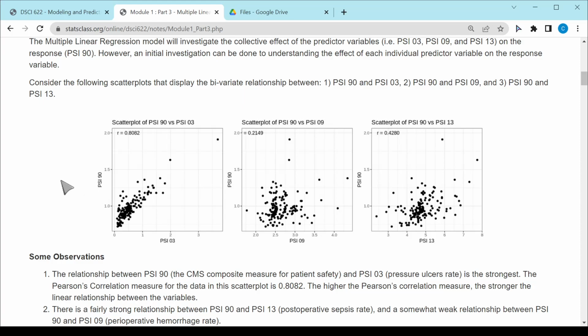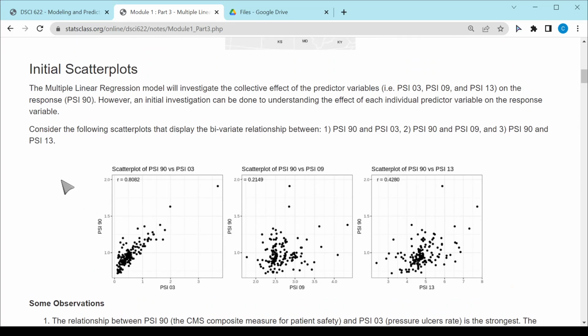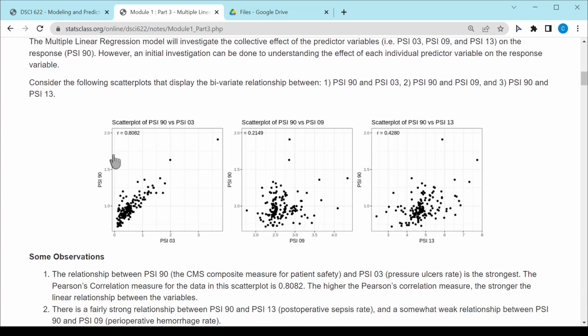Okay, let's look at some initial scatter plots then. So again, my response variable that I am trying to make predictions for is the PSI 90. So that is going to be on the y-axis in each of these plots. And on the x-axis, I have the three different predictor variables that are being considered here.